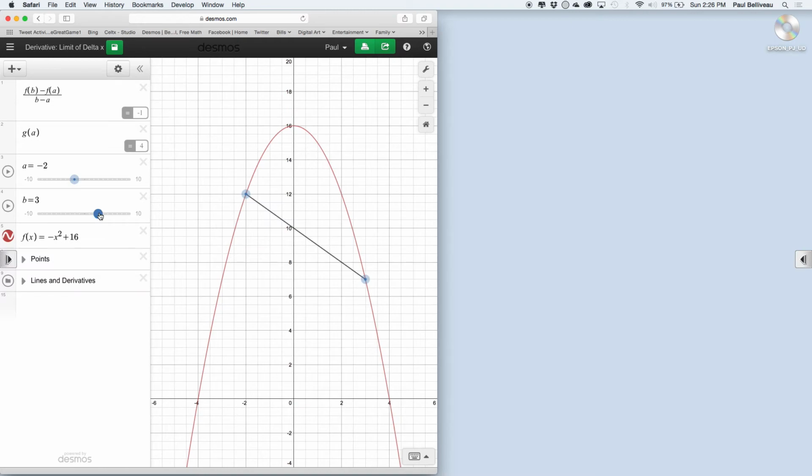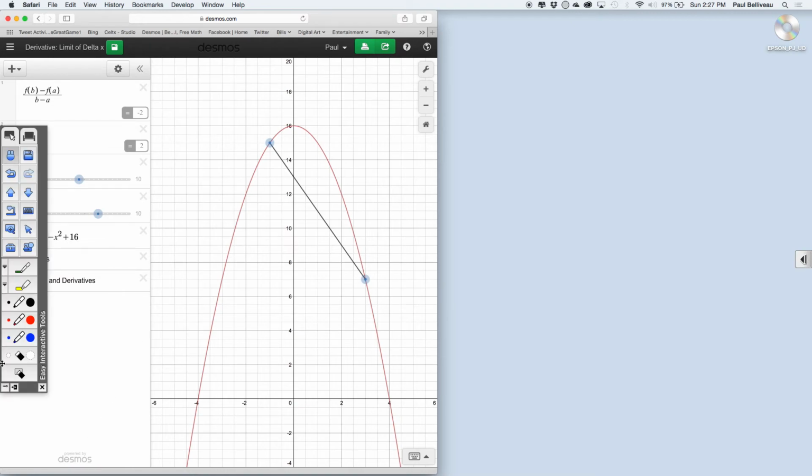Okay, yeah, B equals 3. According to Desmos, let me get this set up.